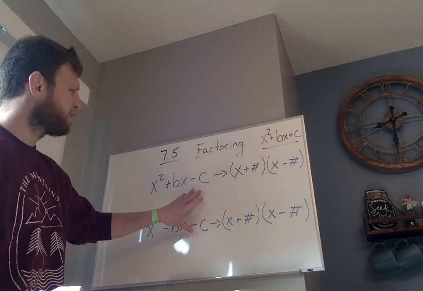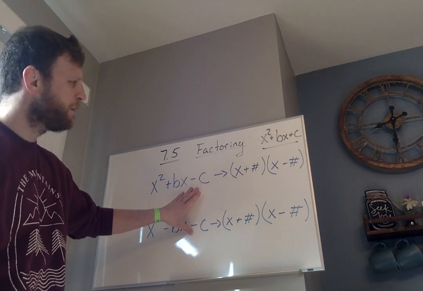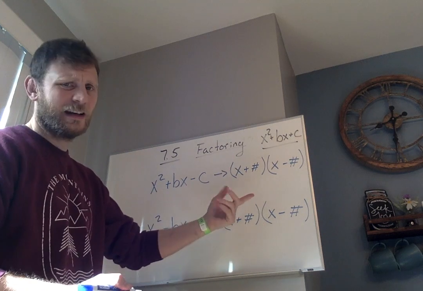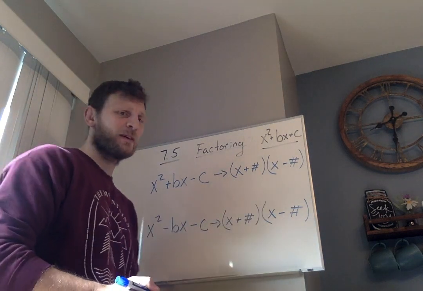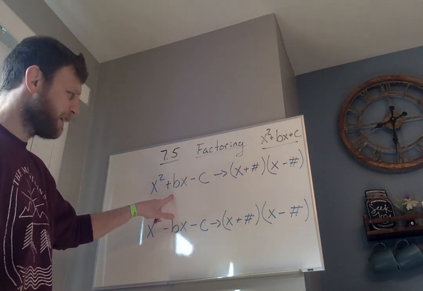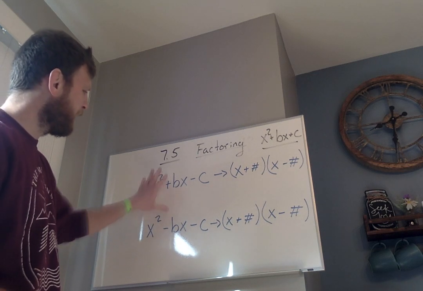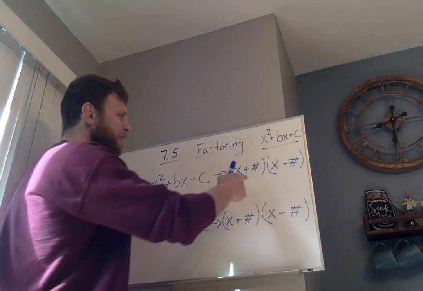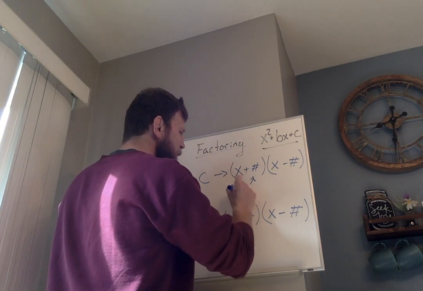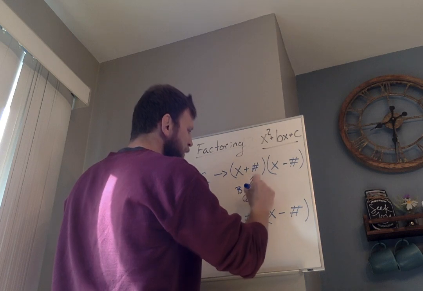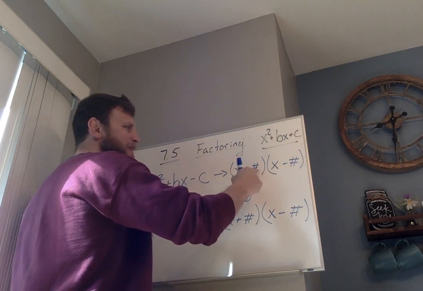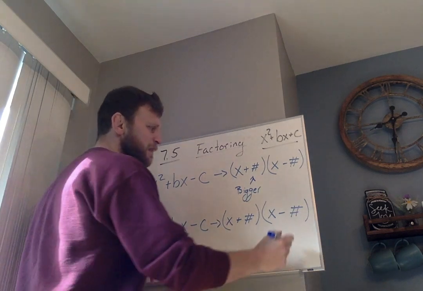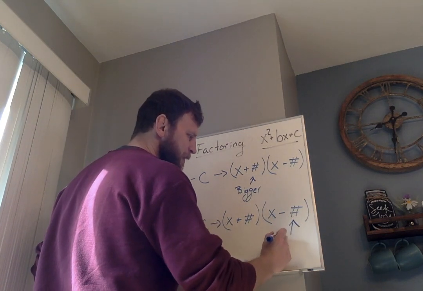Well, the minus here means that this times this must be negative. So the only way to get that is to have a positive times a negative. But now this comes into play. Now, why does this affect it over here? Well, if this is positive, that means this number is the bigger of the two numbers. So this is a number and that's a number. And this number is going to be bigger than that number because this needs to be positive. Here, well, that's going to be the bigger number.